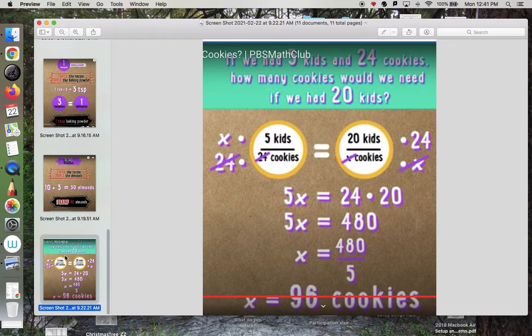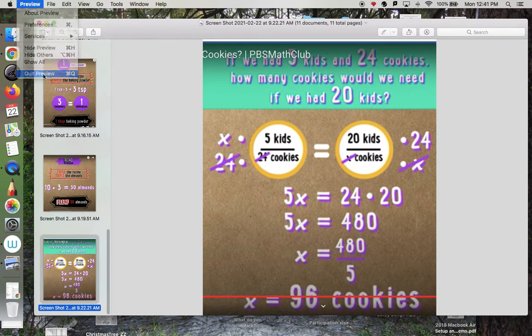We're going to be working on how they did it this week. But for us, we find a multiplier, and we would just multiply 4 times 24, and we would get 96. So those are the screenshots.